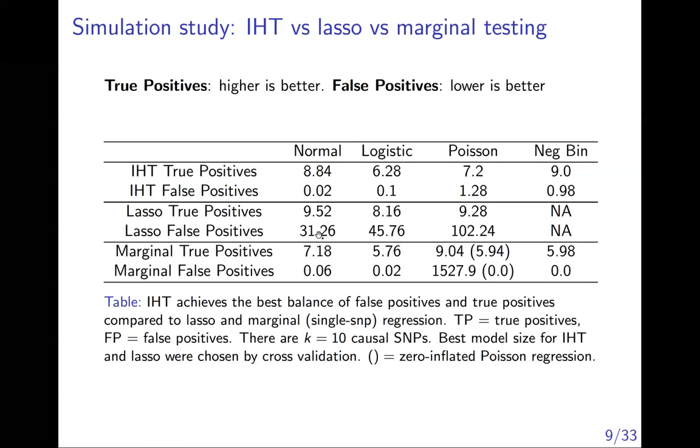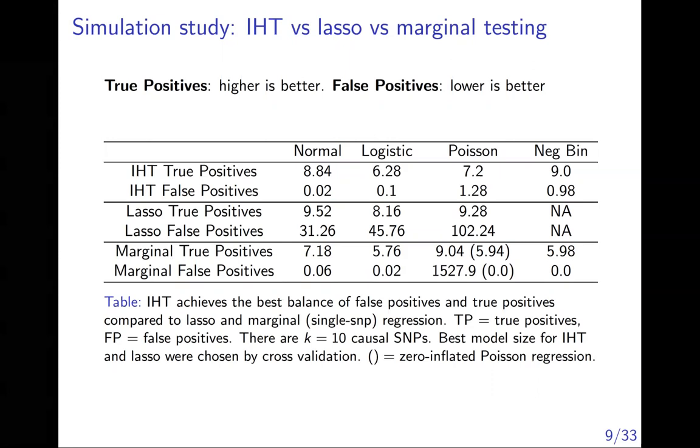Okay, so this is too much to follow up on in terms of GWAS. And comparing IHT to the marginal, the marginals have much better controlled false positive rates, as they should, but the true positive rate is lower. Okay, so that's the summary.